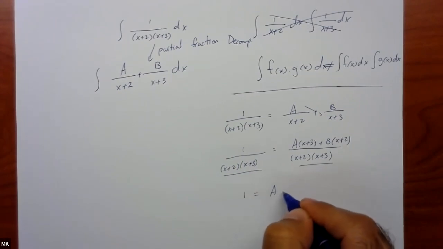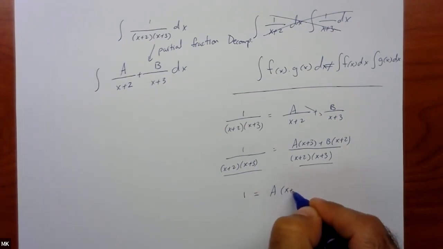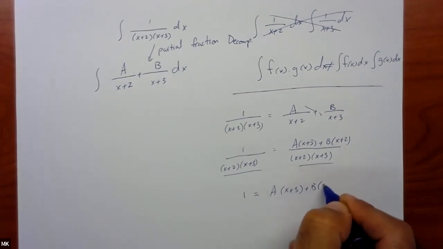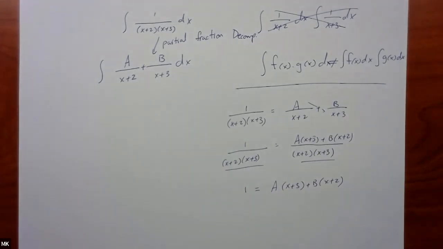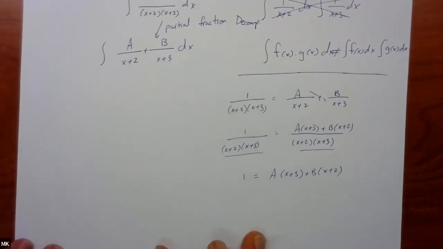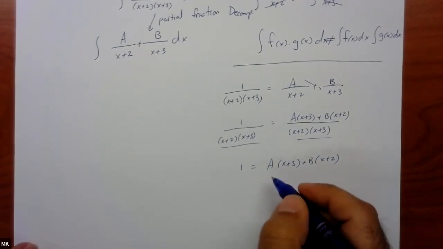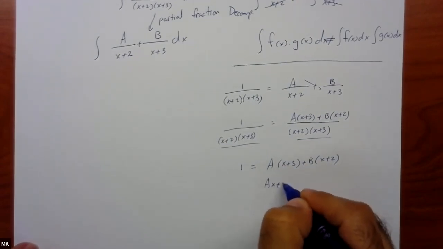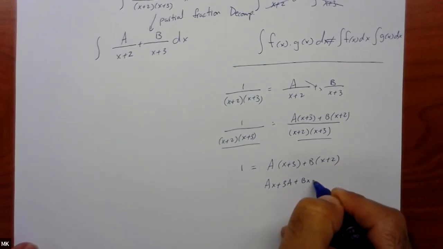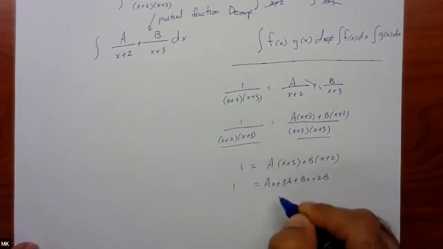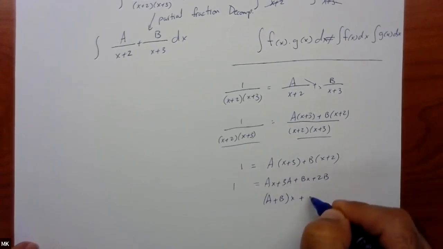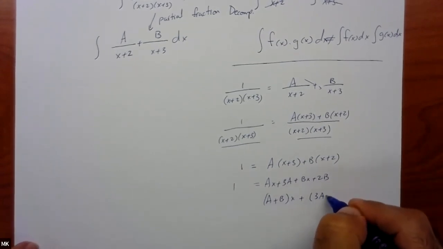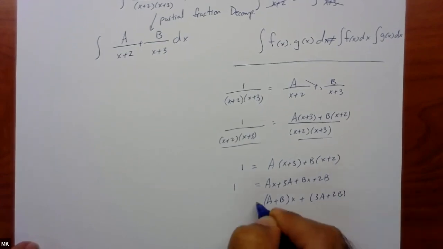So 1 is equal to A times x plus 3 plus B times x plus 2. Okay, so that's the idea. Now, there's a couple ways you can go about doing this. One way, which is a very standard way of looking at this, is you distribute A, distribute B, factor out the x from the Ax and Bx terms, and just combine the numeric part.